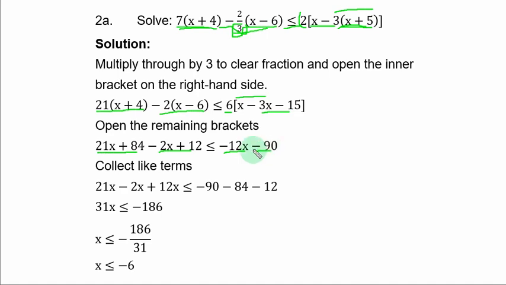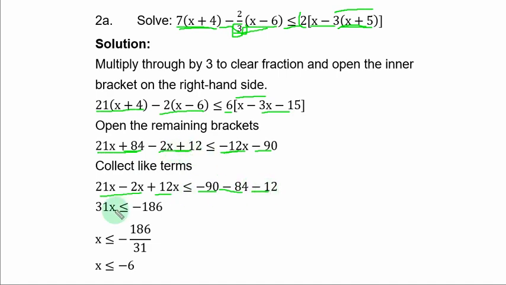Collect like terms. So we have 21s minus 2s. If you move this term in, it becomes plus 12s, minus 90 is there. You move out this, it becomes minus 84. You move out plus 12, it becomes minus 12.